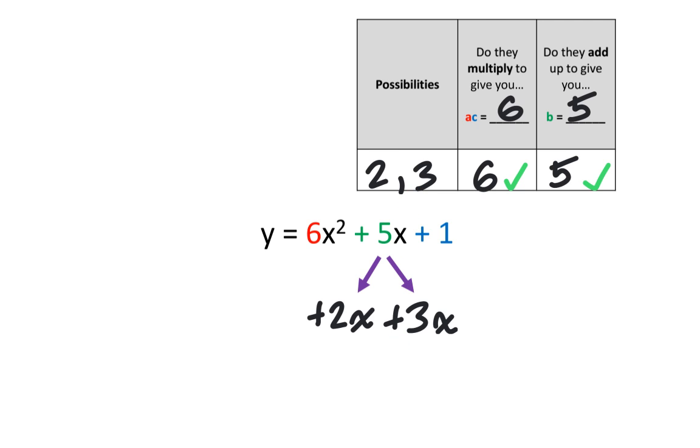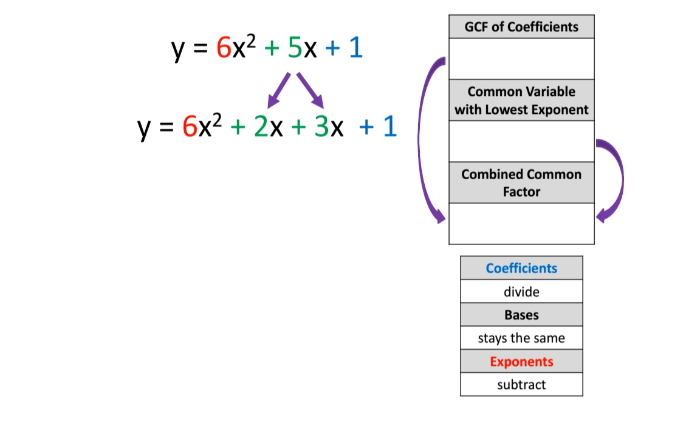Everything else is going to stay the same. So the y is going to stay the same, the equal sign is going to stay the same, the 6x to the power of 2 is going to stay the same, and this positive 1 at the end is going to stay the same.